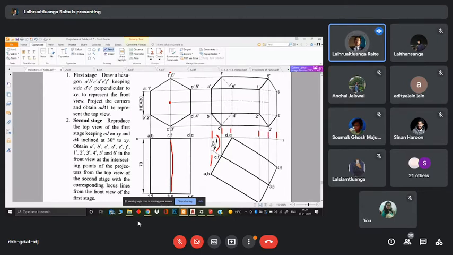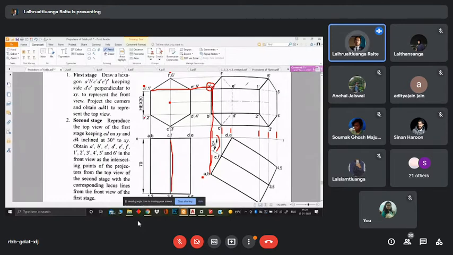We get this by joining the corresponding lines which create a point. So A dash from here will be corresponding to A from this part to get the true A dash. Same goes for B and all the other points.